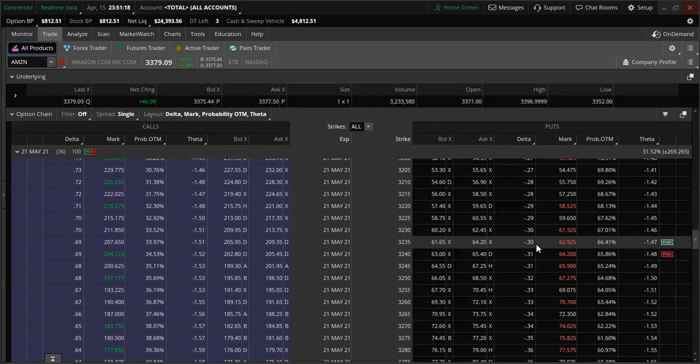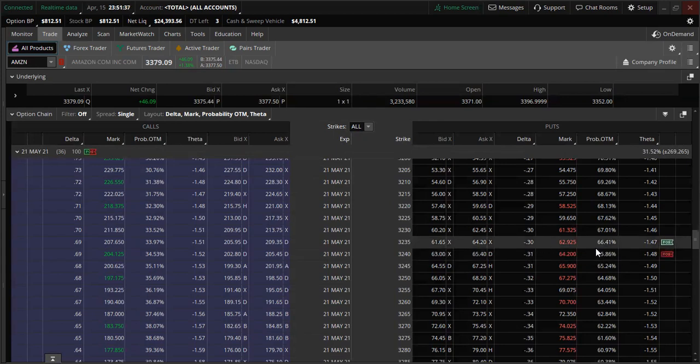So if I have a 31 delta on the strike that I sold, and it only has a 31% chance of expiring in the money, then this would give me at least a 69% chance of it expiring out of money.